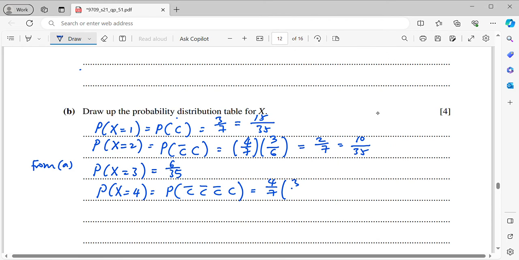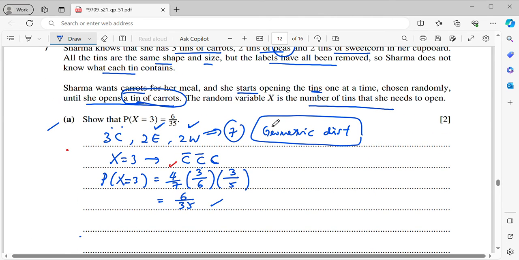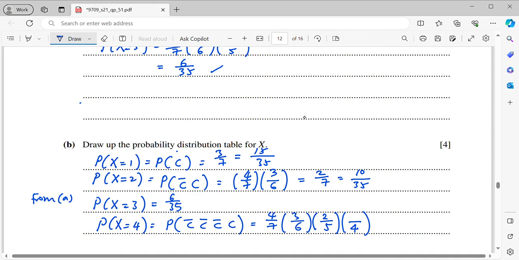Then it will be 3 over 6 because you have 4 tins of non-carrot. Then it will be 2 over 5 non-carrot and then left 4. But out of 4, don't forget, you have 3 carrot tins. That means this is going to be 3. Okay, so when you simplify all this, it will be 3 over 35.